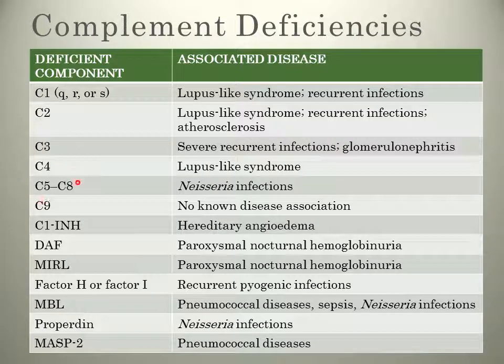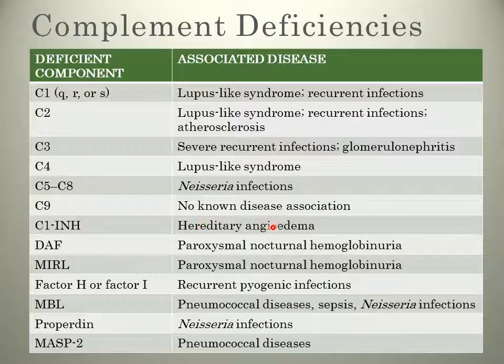If a person is missing any of the components that make up the membrane attack complex, they tend to chronically be fighting infection with Neisseria, because apparently the MAC is the body's number one way to prevent us from developing Neisseria infections. We have a case study that deals with the patient with a C1 inhibitor deficiency.